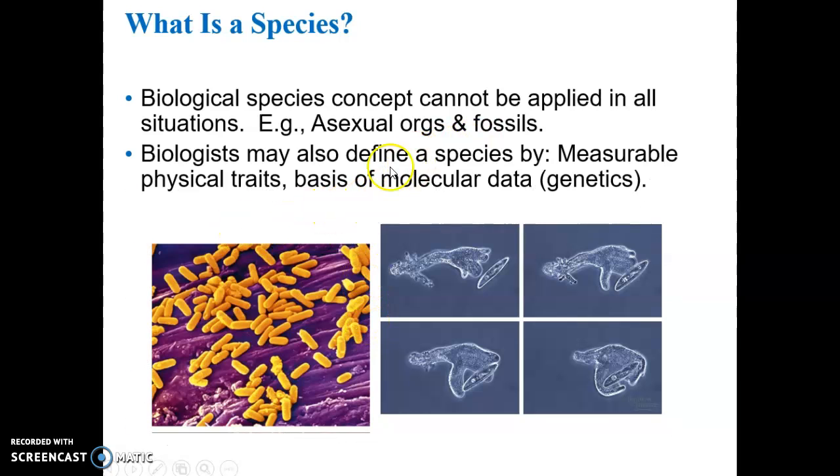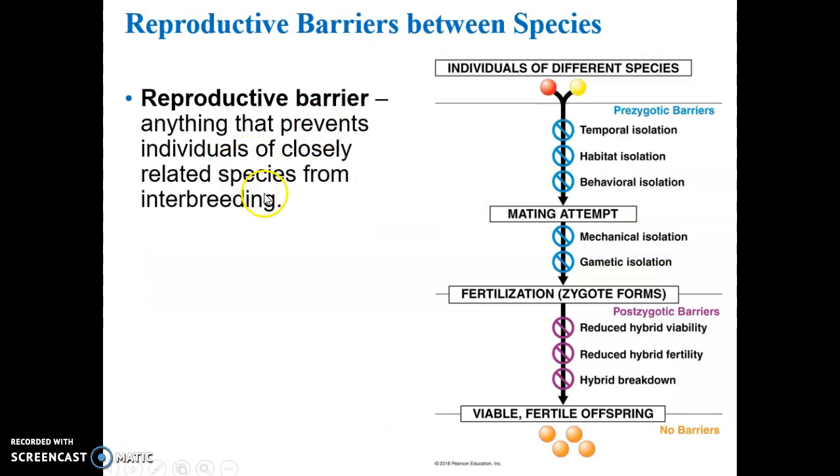Other ways to define a species are through physical traits, things that you can measure, and this applies to fossils because, if you have fossilized remains, bones, etc., you can measure them and use that to define a species. Or you can use genetics, molecular analysis, for example of bacteria, which is becoming more and more common for identifying species.